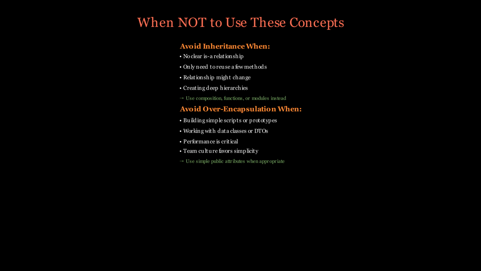They're hard to understand. Avoid over-encapsulation in simple scripts or prototypes where complexity isn't justified. Data transfer objects don't need encapsulation. Performance-critical code might benefit from direct attribute access. Respect your team's culture. Sometimes simplicity wins. Use the right tool for each situation.